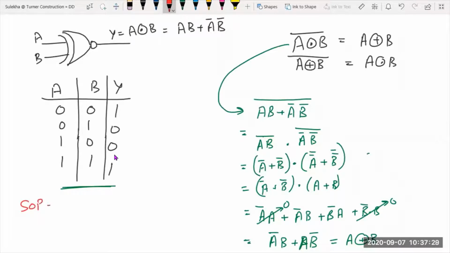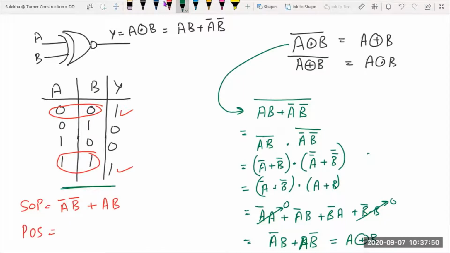If you want to represent in SOP form, you need to deal with the ones. For this one, A and B are 0 0, so you write A bar B bar. For this one, A and B are 1 1, so you write AB. If you write in POS form, you need to deal with the zeros. The first 0 is where A is 0, B is 1, and the second 0 is where A is 1, B is 0.